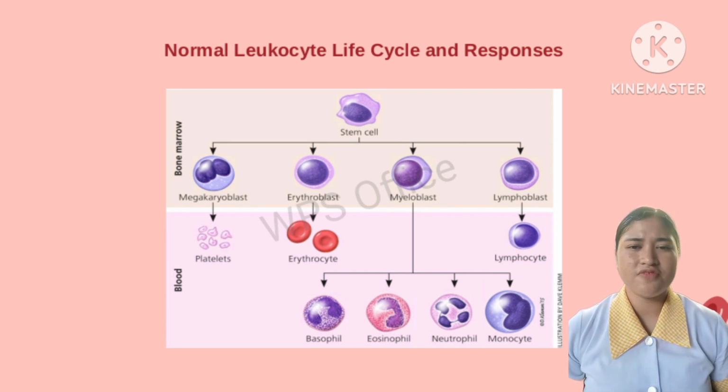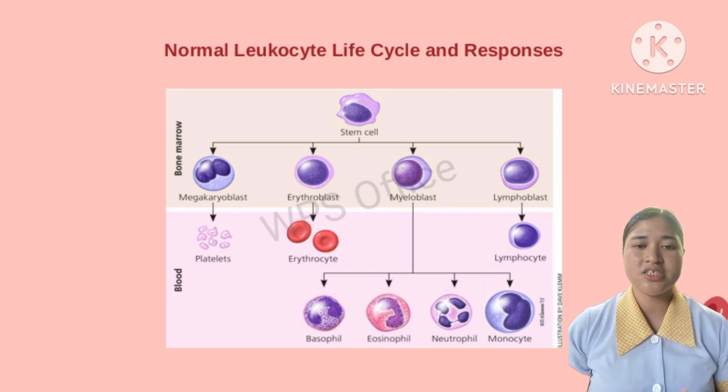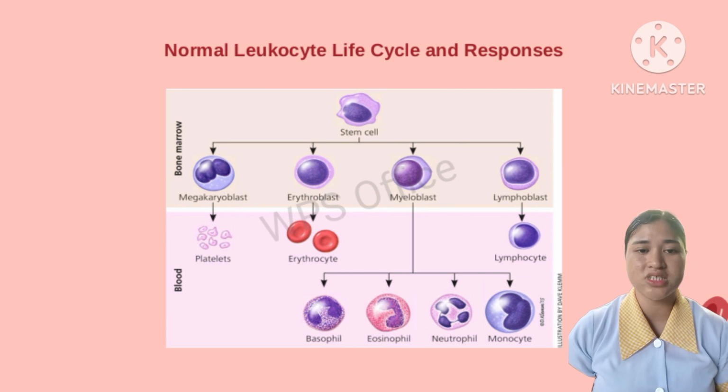The next slide is the normal leukocyte life cycle and responses. The life cycle of leukocytes includes development and differentiation, storage in the bone marrow, margination within the vascular space, and migration to tissues. Stem cells in the bone marrow produce cell lines of erythroblasts, which become red blood cells, megakaryoblasts, which become platelets, and then the lymphoblasts and myeloblasts.